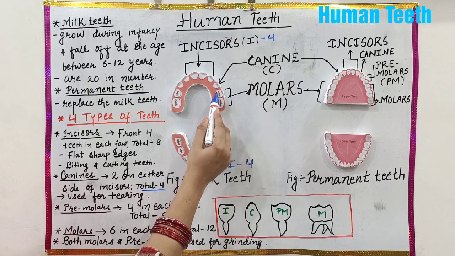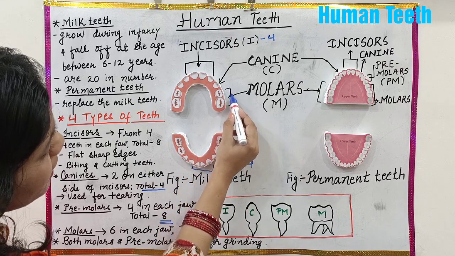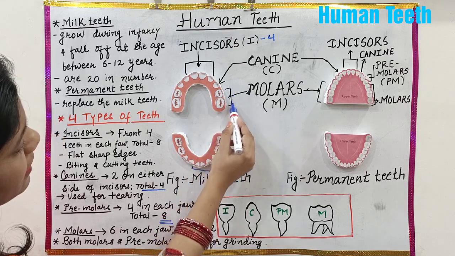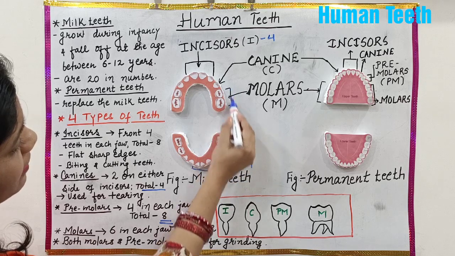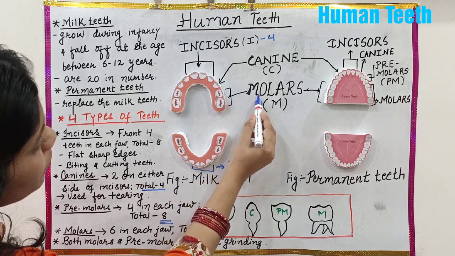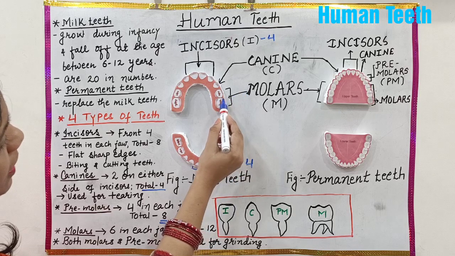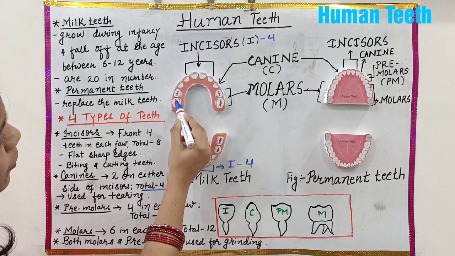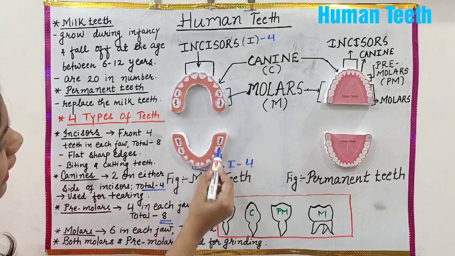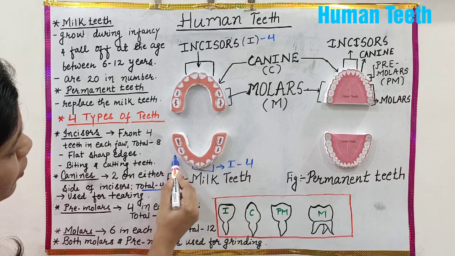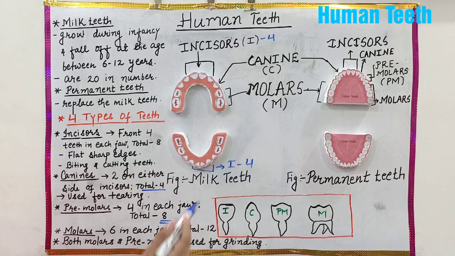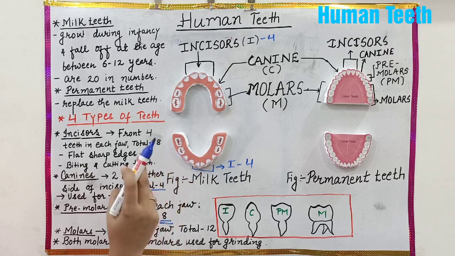Adjacent to the canine on either side, you may notice 2 teeth which have a broader surface. These teeth are the molars. So there are a total of 2 plus 2 4 molars on the upper jaw and 2 plus 2 4 molars on the lower jaw. So a total of 8 molars.